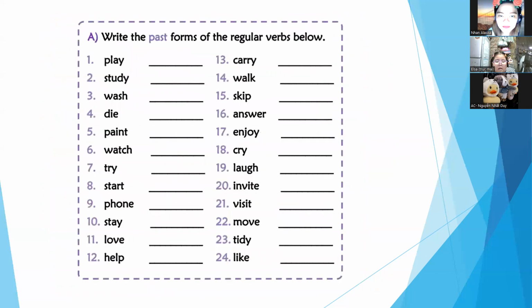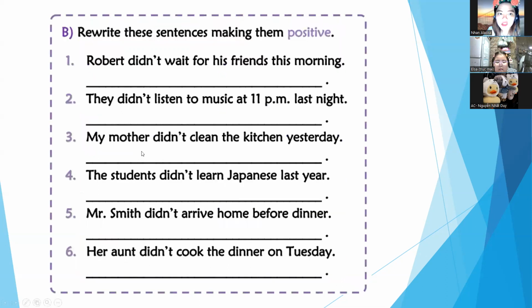Okay, Elsa? I'm so happy that this afternoon I was able to analyze that you really understood the three sounds of ed, which is good news for me. Keep it up and see you tomorrow. Please don't forget to answer activity B, rewriting sentences and making them passive.